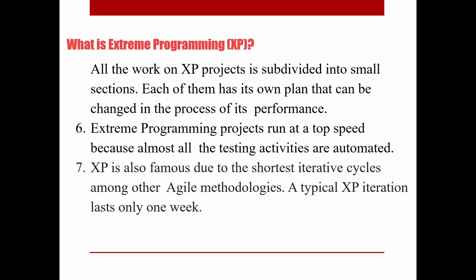Extreme programming projects run at top speed because almost all the testing activities are automated. It is very famous and people prefer it because it has the shortest iterative cycles among all the other agile methodologies. Extreme programming has simple rules that are based on five values to guide the teamwork.